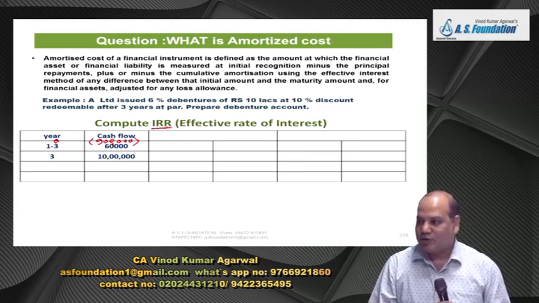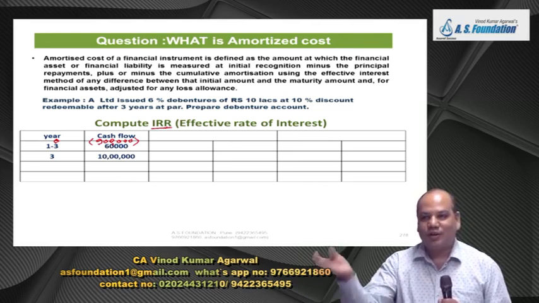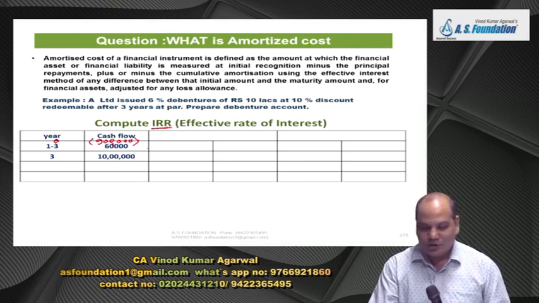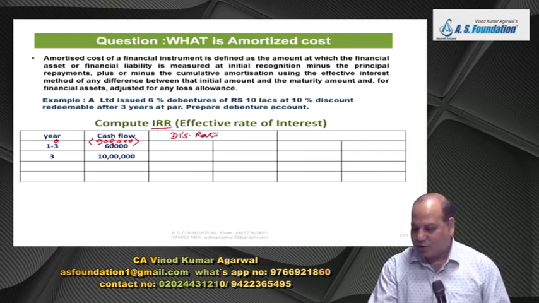So what rate of discount will you assume? First tell me, do you think it will be more than 6% or less than 6%? Vote for more than 6%. Oh, 100% vote. So which rate will I take? Take any rate which is a little higher than 6%, because you are issuing at a discount.